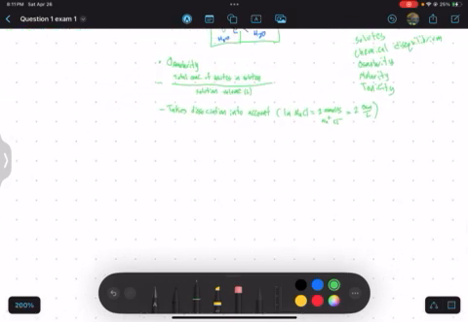Now, the reason why that's different than molarity is it doesn't account for dissociation.